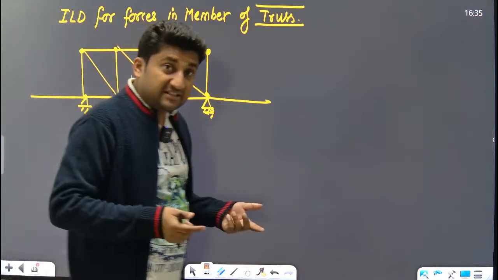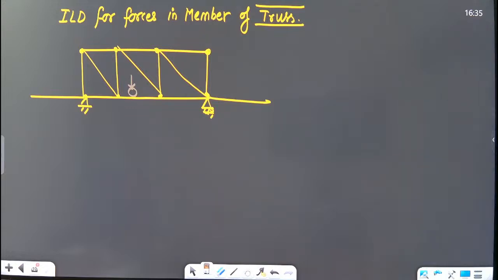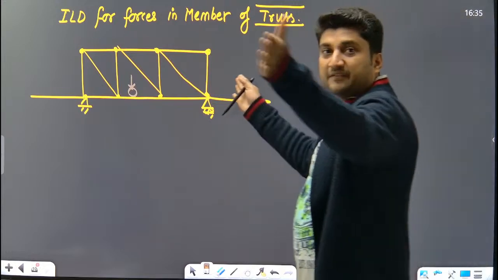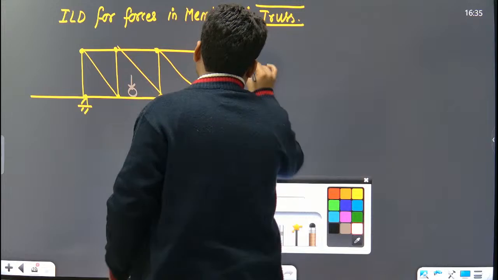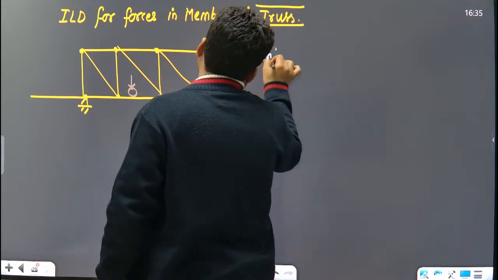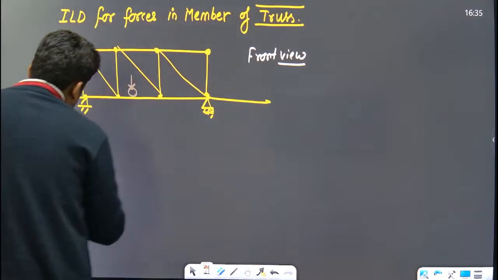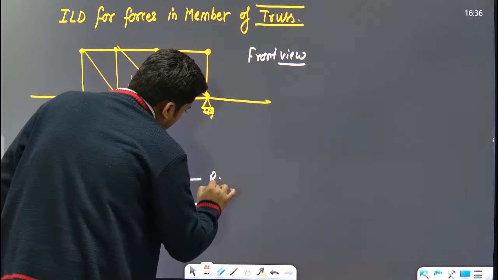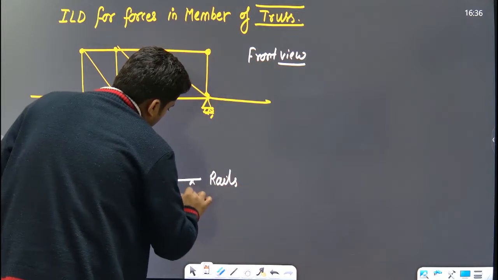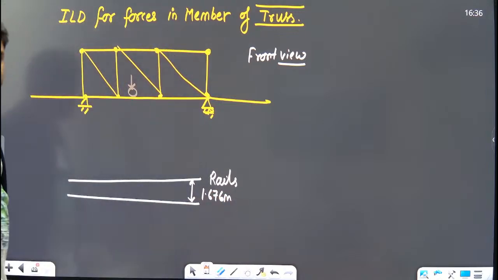We have railway sleepers and rail line. This is the front view. Now from the top, these are the two rails, 1.676 meters apart, broad gauge.